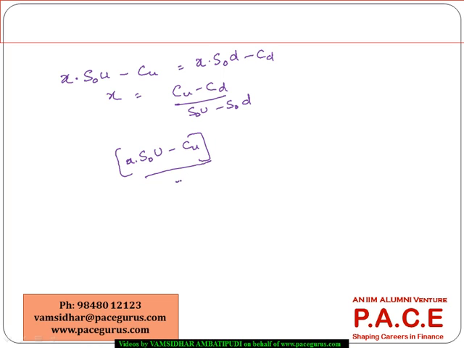If I try to find the present value of it, this is the present value of the worth of the portfolio. This should be equal to the cost of setting up the portfolio. What is the cost of setting up the portfolio?